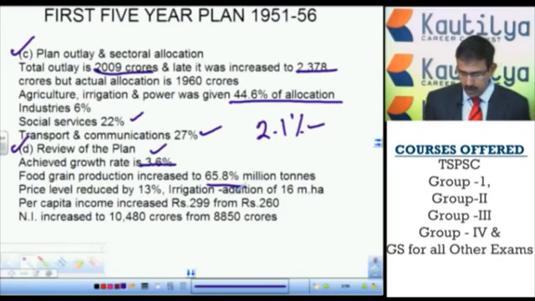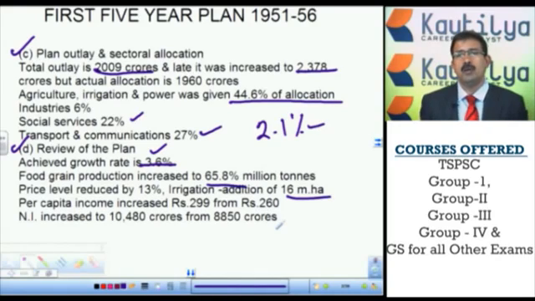And in irrigation, we have added 16 million hectares, and the national income and the per capita income have increased. So in the review part, one has to remember those important aspects, particularly social aspects and economic aspects, particularly agriculture, industry and services, and other economic indicators like per capita income, national income and other important factors.